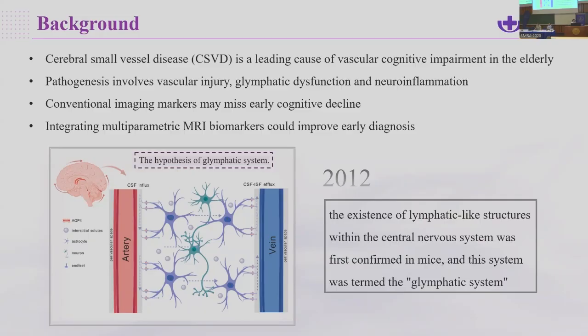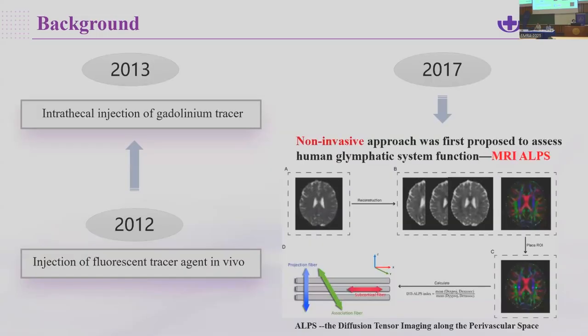In 2012, the existence of lymphatic-like structures within the central nervous system was first confirmed in mice, and this system was termed the glymphatic system. In 2013, intrathecal injection of gadolinium tracer was used, and in 2017, a non-invasive approach, DTI-ALPS, was first proposed to assess human glymphatic system function.